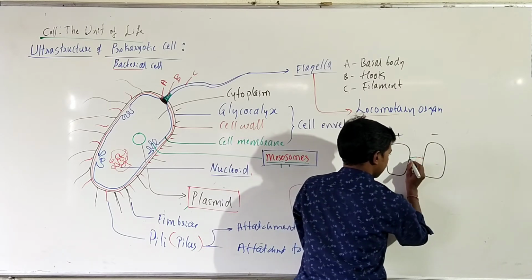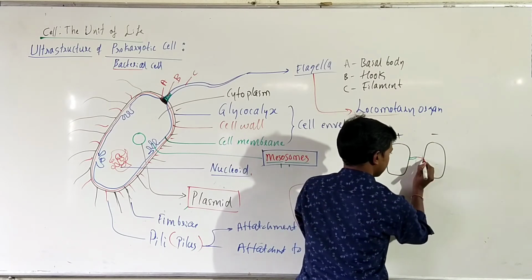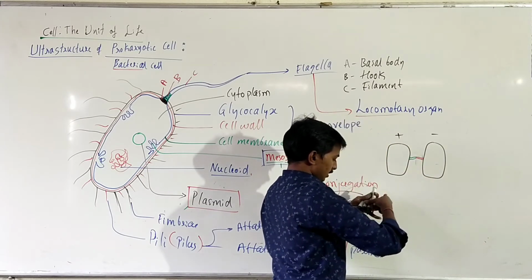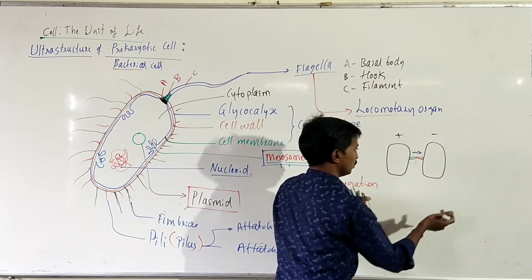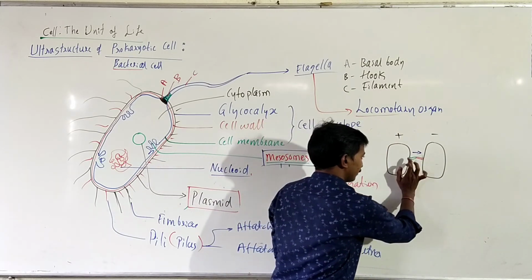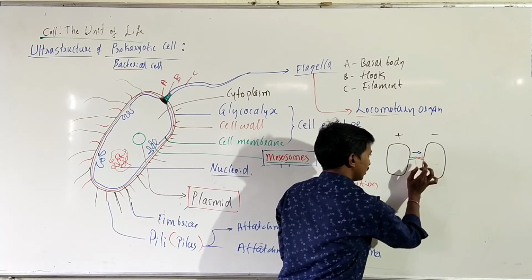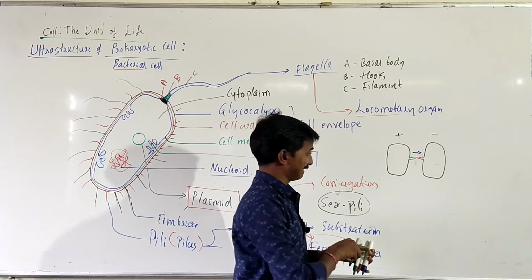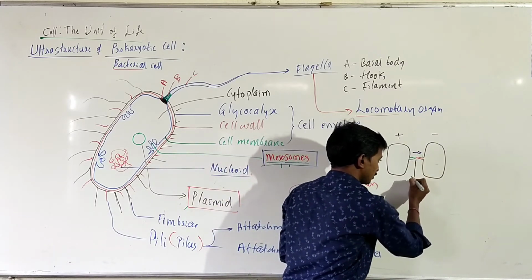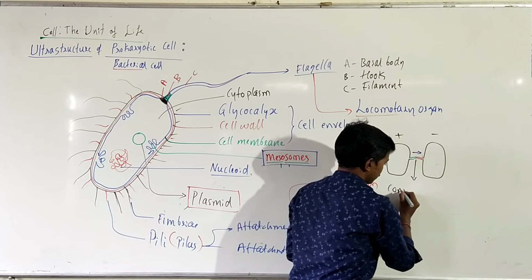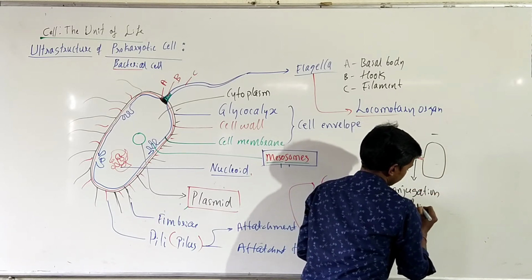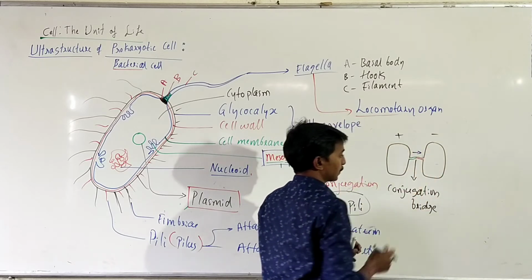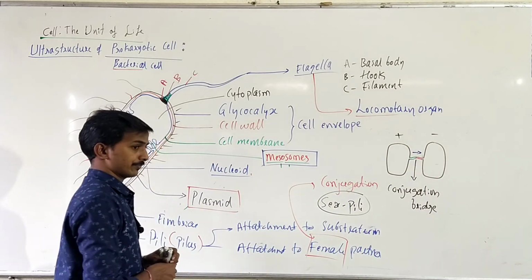If it is like this, it will help in the transfer of the genetic material from plus to minus. In that space there is a transfer of genetic material. This junction is called a conjugation bridge. This is actually the process of conjugation, right?